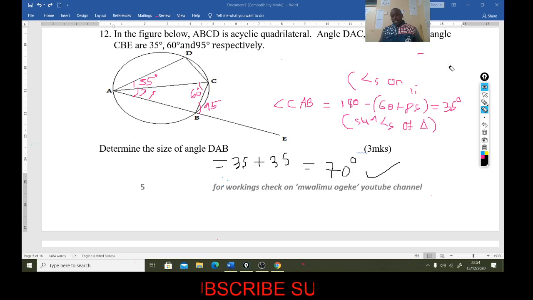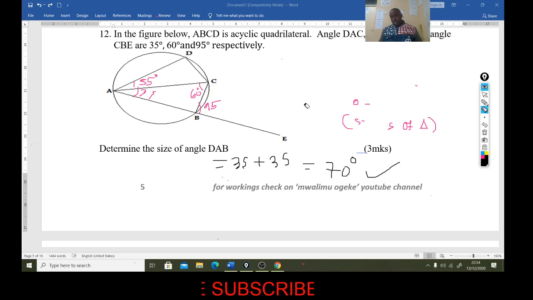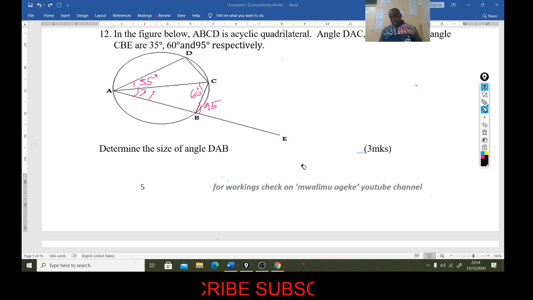Question number 13. We move to the next question, that is question number 13, and do it as asked.